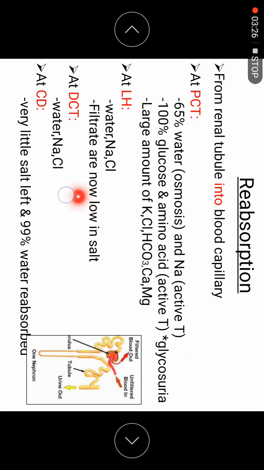It means it's not removed. Whatever is taken out from here is inside the body. Later we will see the last process, secretion, which is the opposite of this. At the collecting duct, you will have very little salt left, and 99% of water is absorbed. This is normal, when you consume a normal amount of water.